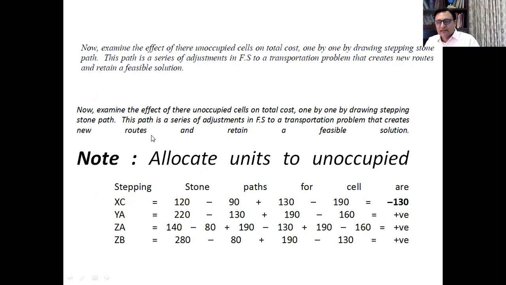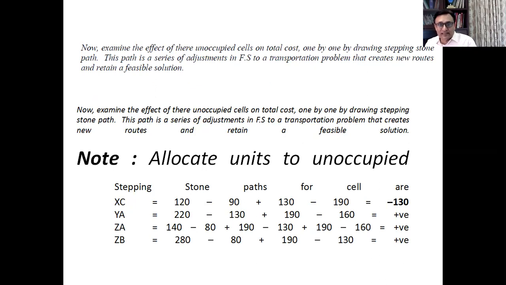So this was regarding the stepping stone method, in which a closed path is created for all unoccupied cells and the cost change, or improvement index, is found out. If all improvement indices are greater than or equal to 0, our solution is optimal.